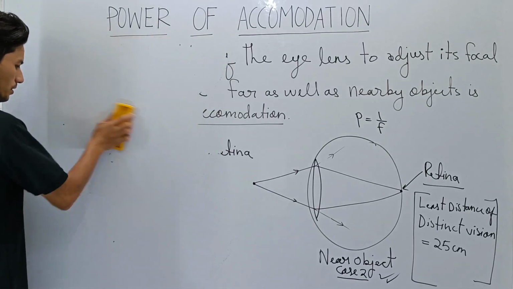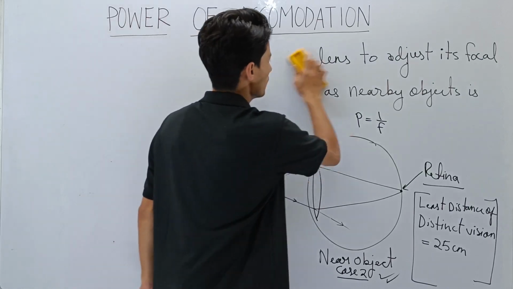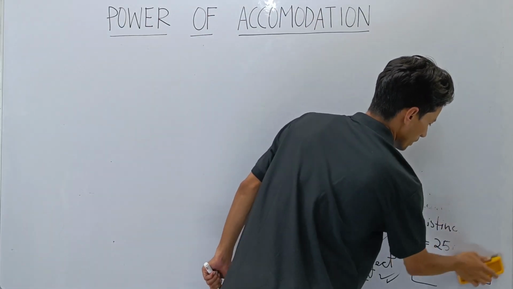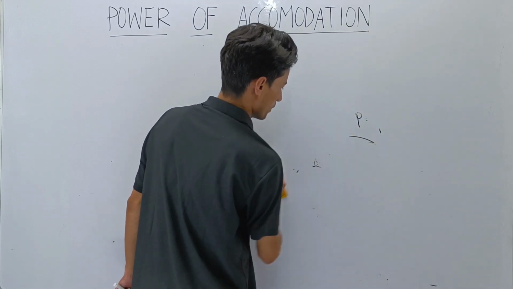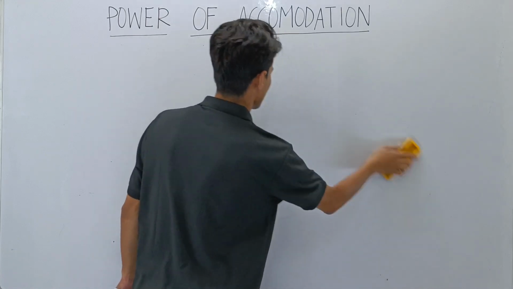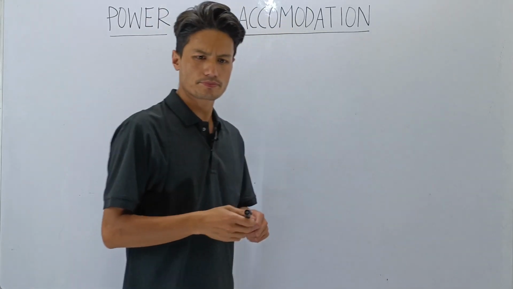Reminding you again and again, students, that you can always pause this video, go back and write whatever point you have missed. That is the advantage of learning from YouTube or from recorded videos. So please do that.